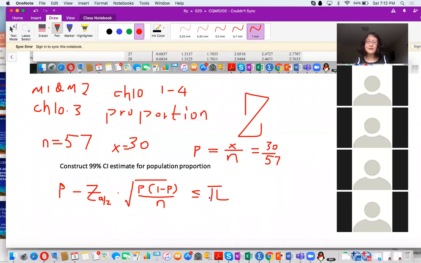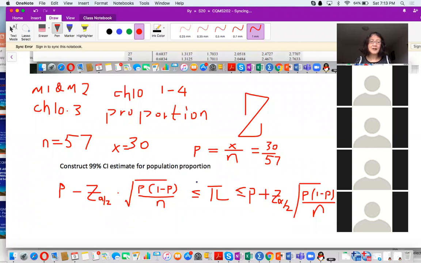This pi is different from the mathematical constant 3.1415, not that number. This is just a letter. So pi, population proportion, the upper bound, sample proportion P plus Z half alpha times square root of P times 1 minus P over sample size N.